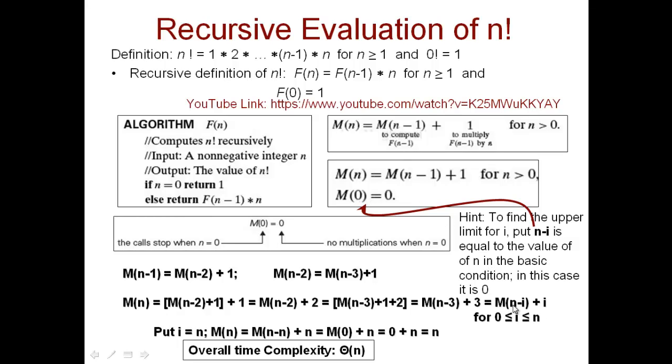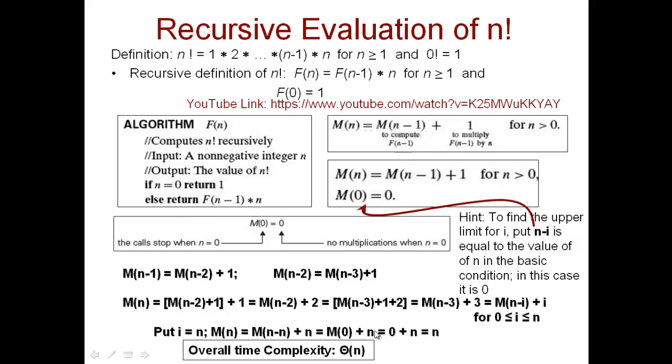So let us now solve for i by substituting n minus i equals 0, and that means i will be equal to n. So when i equals n, this term will go to m of 0. So when i equals n, m of n equals m of n minus n plus n, and m of n minus n is m of 0, which is given as 0.